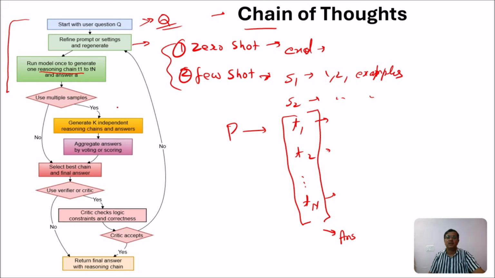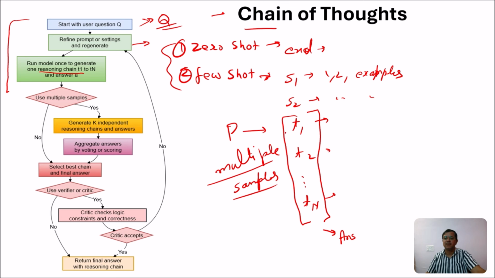Now there are some scenarios where one reasoning chain may not be sufficient to give the accurate answer. Suppose the scenario is too complex. Then what will we do? We create multiple samples for these reasonings.